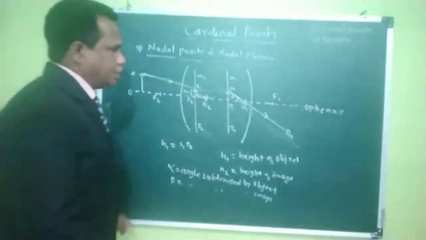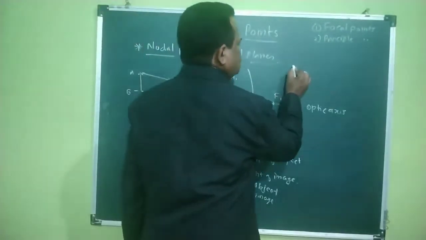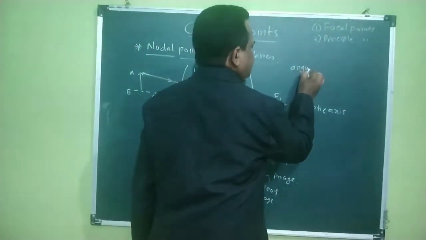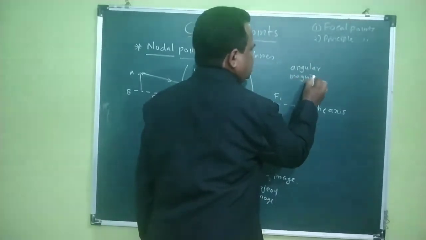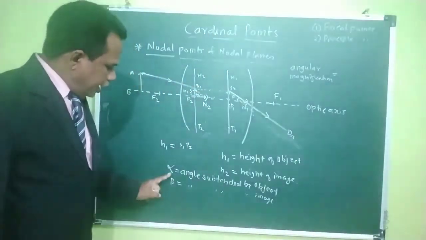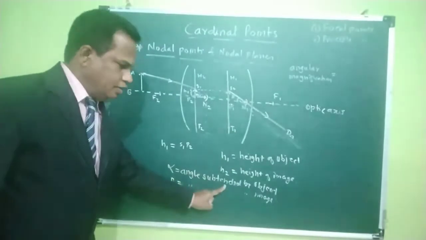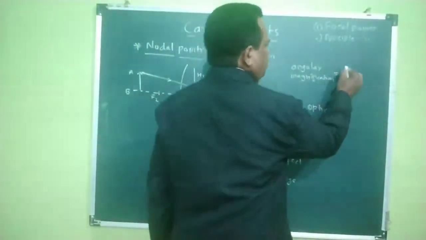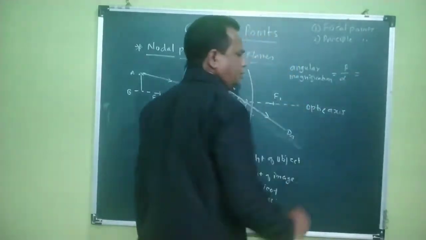Now, if the magnification is taken in terms of angles, it is called angular magnification. It is the ratio of the angle subtended by the image to the angle subtended by the object. So image angle divided by object angle, that means beta divided by alpha.